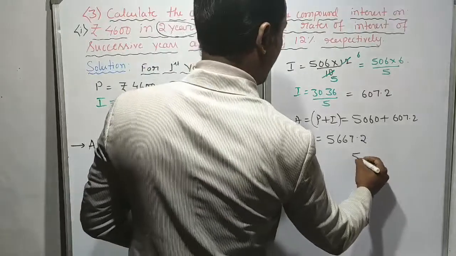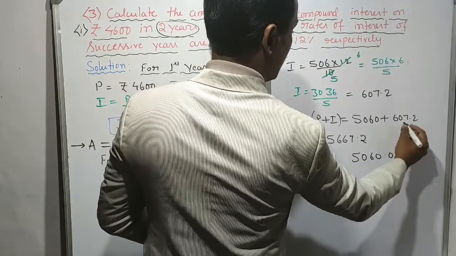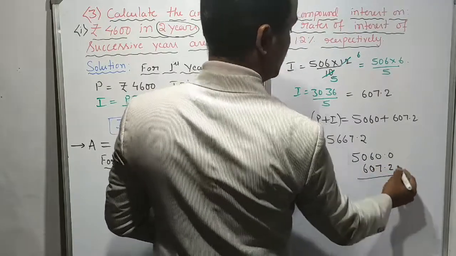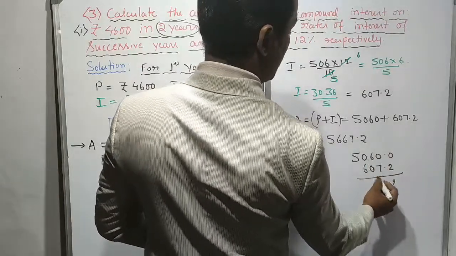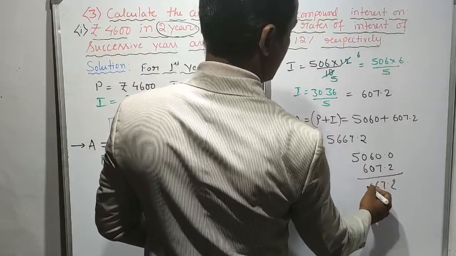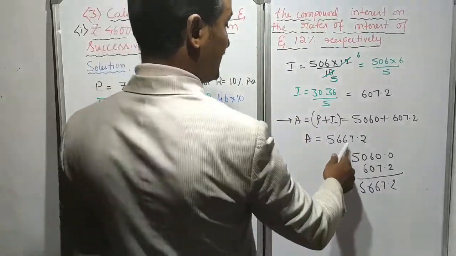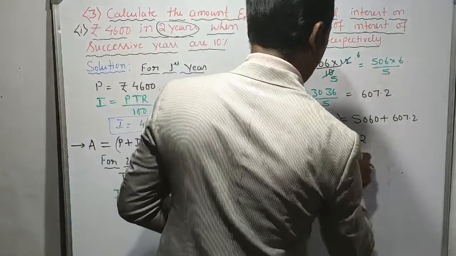I will find it here once again: 5,060.0 plus 607.2. 5,667.2 is the amount at the end of the second year.